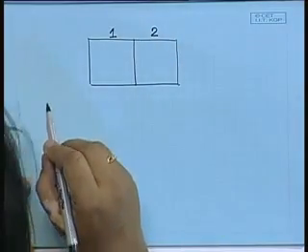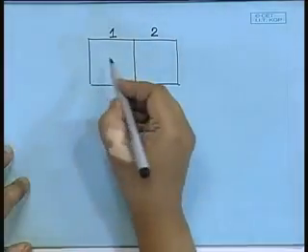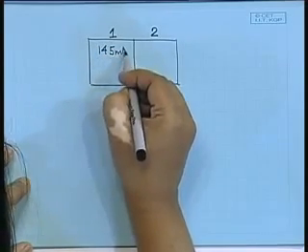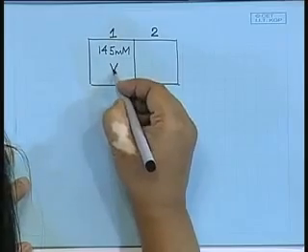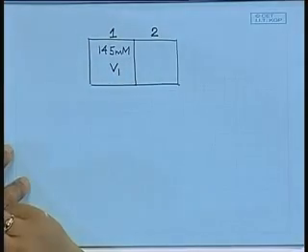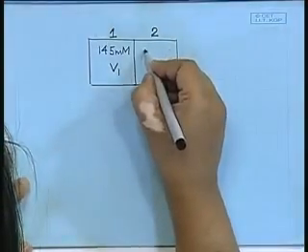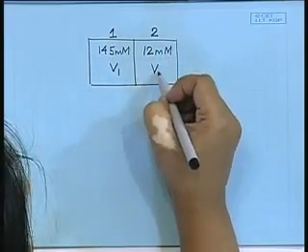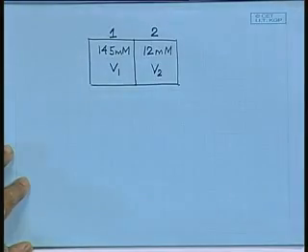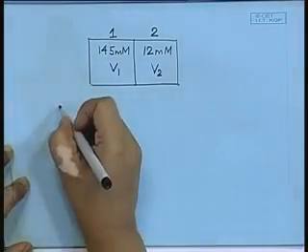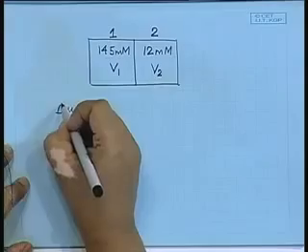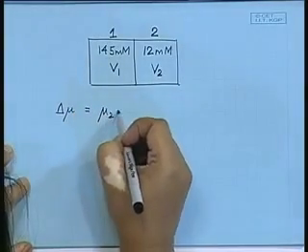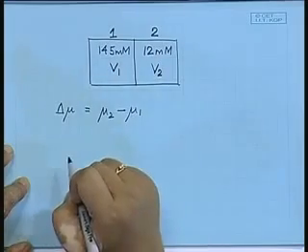In chamber 1, I have the concentration at 145 millimolar for sodium and the potential V1. In chamber 2, I have 12 millimolar and V2, which is the potential. So, if I am to calculate the delta mu value, I have to consider mu 2 minus mu 1.